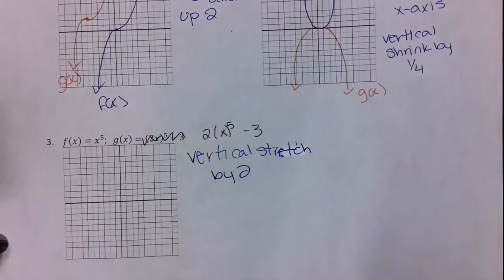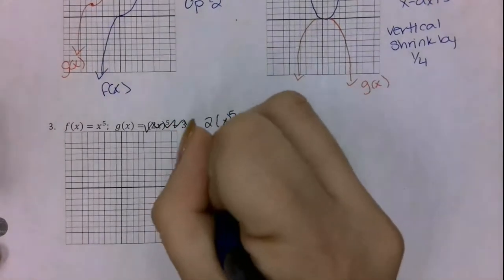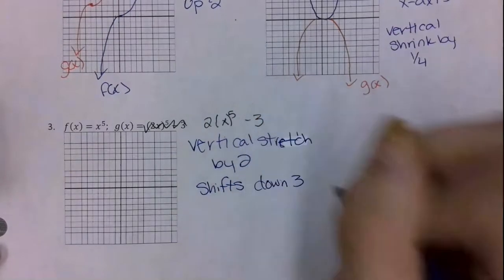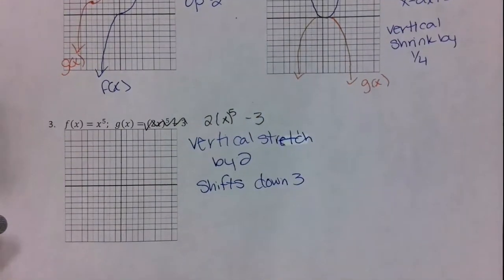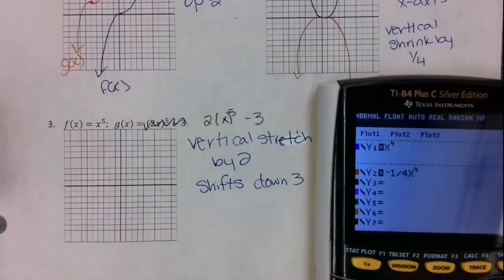Okay, and then the 3 at the end. Okay, so then I want to go graph these. This one's x to the 5th.